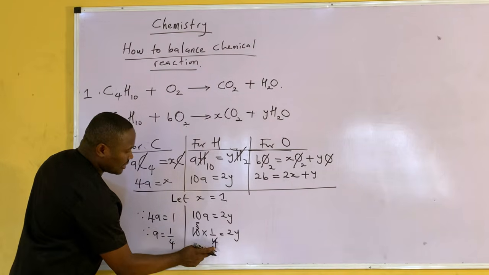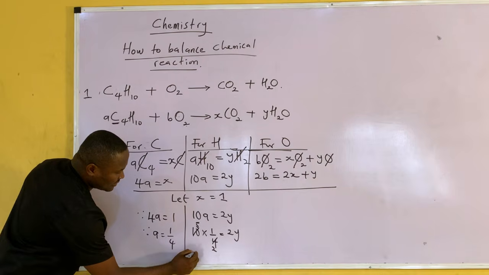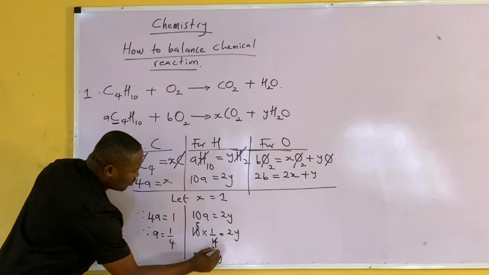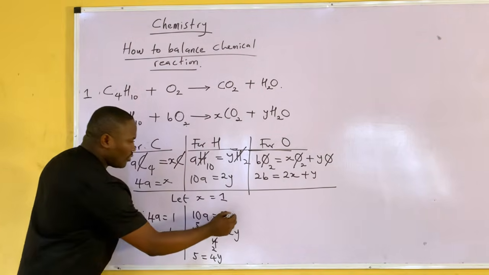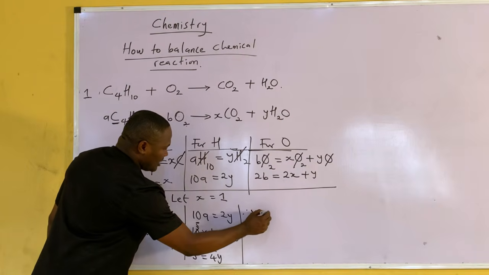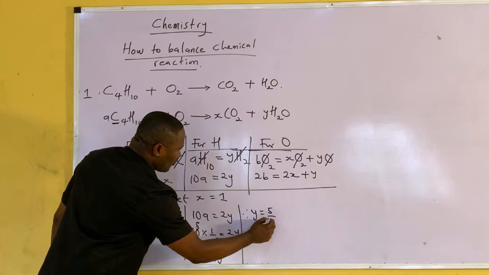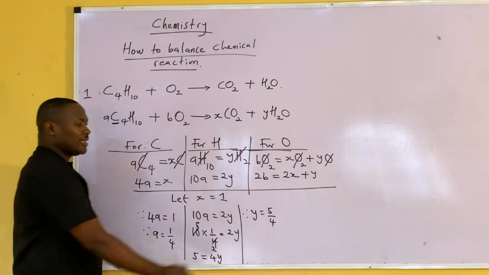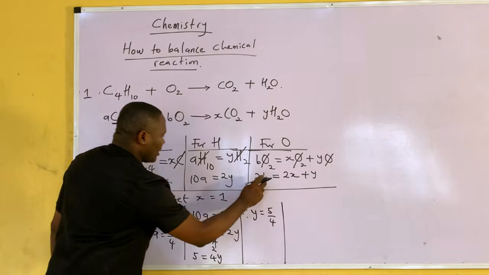If you cross multiply this, we have 5 equal to 4Y. Therefore, Y is equal to 5 over 4. That's what our Y will be equal to. Now come over here.